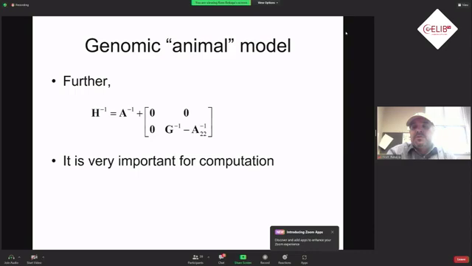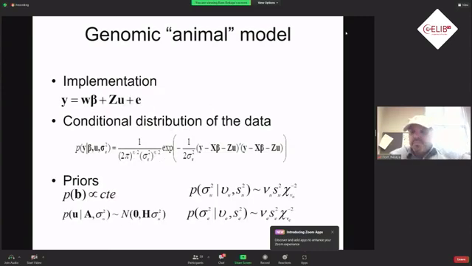Okay? So we can go even to old notes of Van Vleck and Dr. Henderson and anybody. Just every time you find A minus 1, you replace it by H minus 1, and then suddenly you are doing genomic selection. Okay? Yes, please.